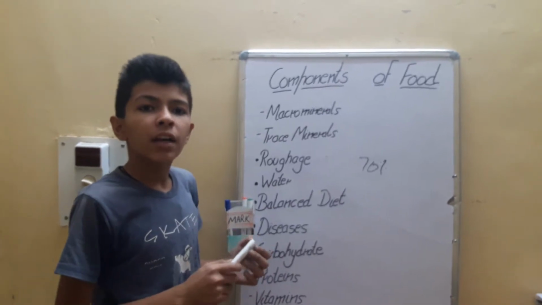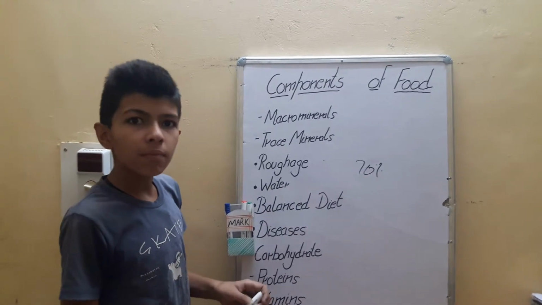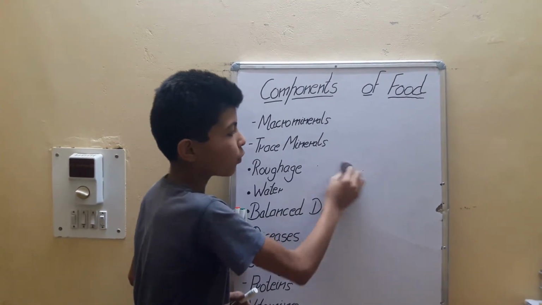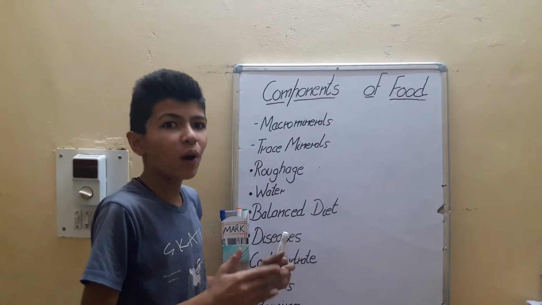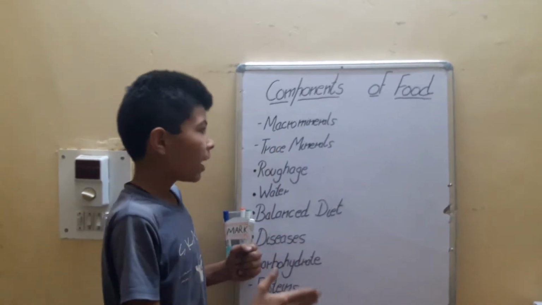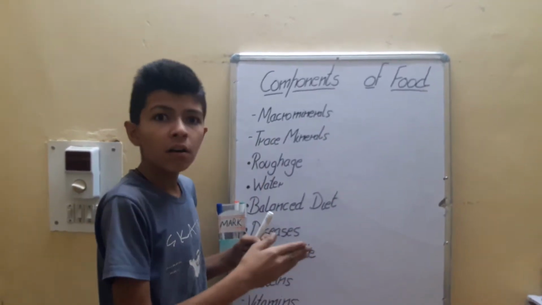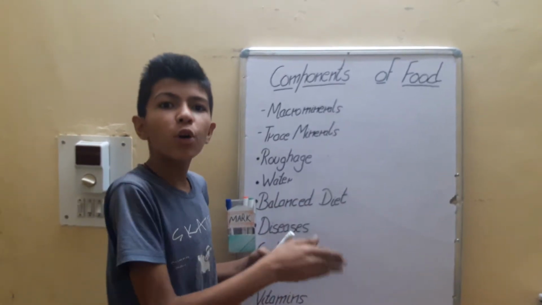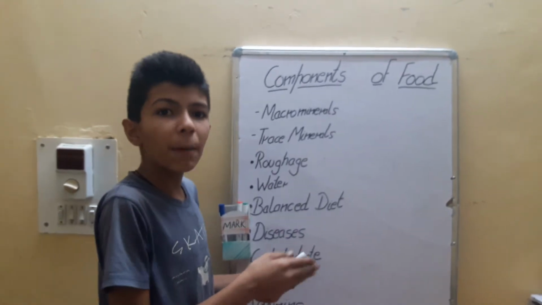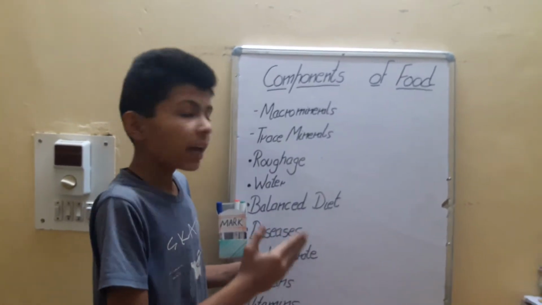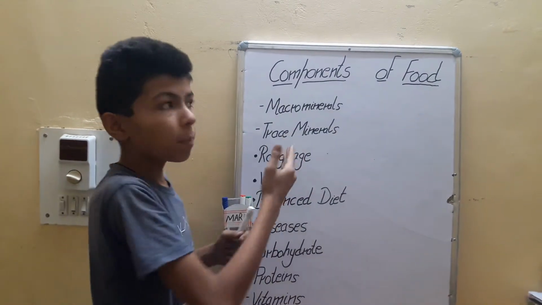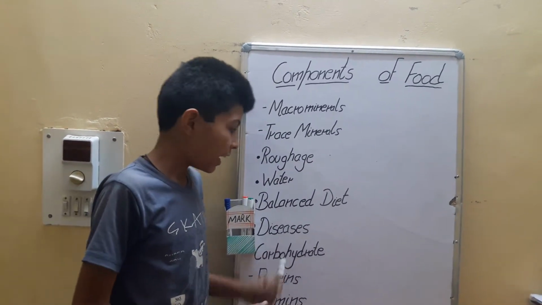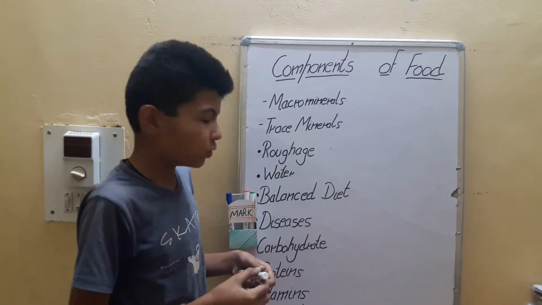Just if you have for lunch chapatis, dal and fruits, carbohydrate is provided by the chapati and proteins by the dal, and fats by the butter which you put on the dal or the chapati, and we have minerals and vitamins from the fruits, and roughage which is present in fruit.